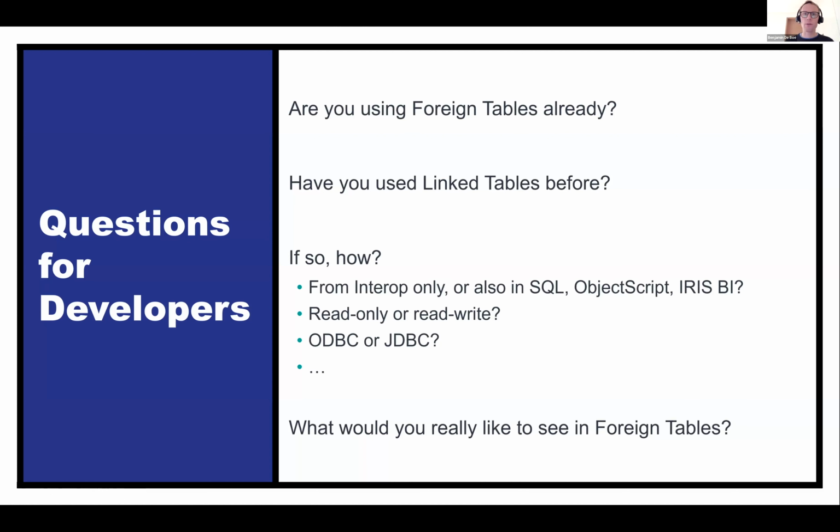It was a little convoluted. There were different limitations on what a link table on top of a JDBC connection could do versus one based on an ODBC connection. So what we wanted to do with foreign tables was do it all in a much more standardized way, a pure SQL solution based on a unified gateway that is the same for JDBC and ODBC, and take it from there.